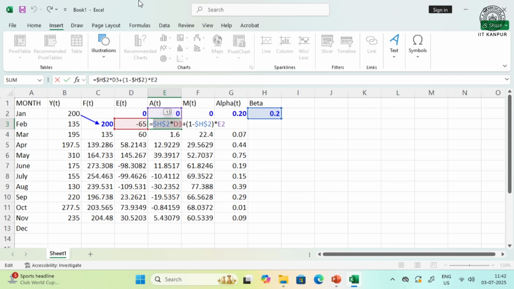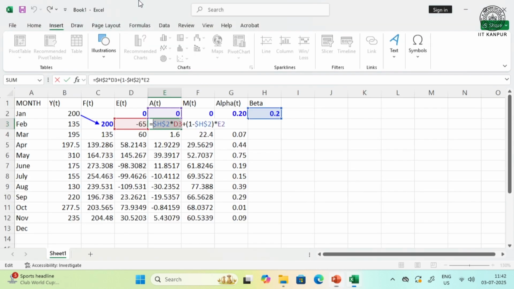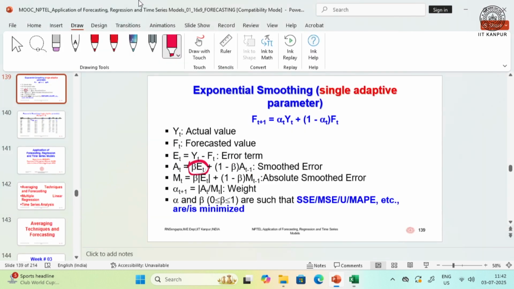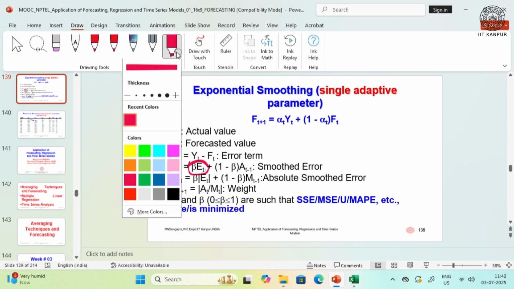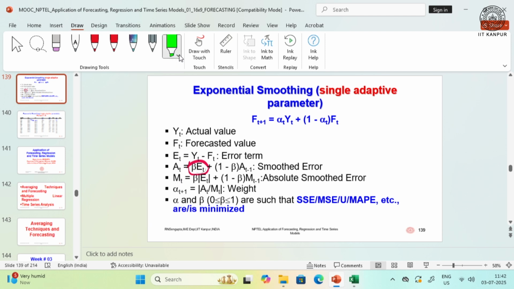H2 is beta and D3 is ET. Now, if I go back to the ET, it would not be 0, it will be basically 65. So, 0.2 into minus 65, and the next value, which I will mark in, say for example, green, is 1 minus beta into AT minus 1.